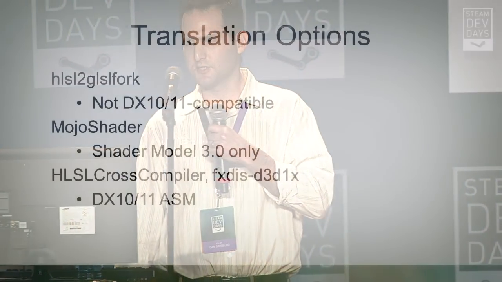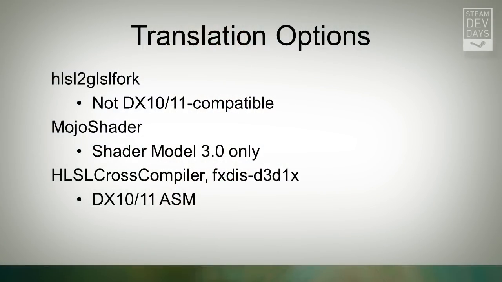As I mentioned, we were not interested in doing DX10 and 11 assembly, but I did want to mention a couple projects that are out there in case you want to go that route. One is the HLSL cross compiler, and this was developed by James Jones at Imagination Technologies. It's up on GitHub, and it'll basically crack the D3D 10 and 11 blob, a Freudian slip there, and from it it'll generate GLSL.